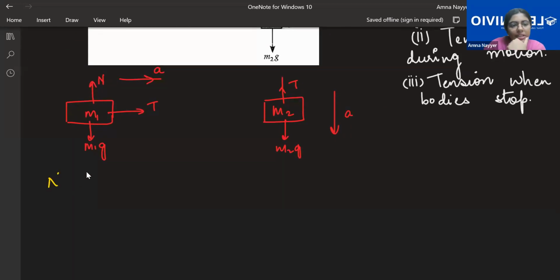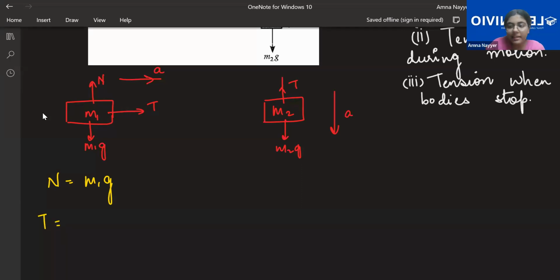Here normal reaction will be balancing M1G, N is equal to M1G. Now, for the net force along the x-axis, is there something else present? Do we have something to balance on the back side? We do not, according to our free body diagram. That's why we make the free body diagram, so that all the forces are prominent and the things that are disturbing have been removed. So we directly have tension as the force.